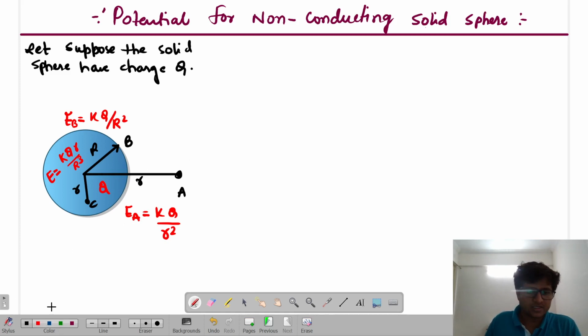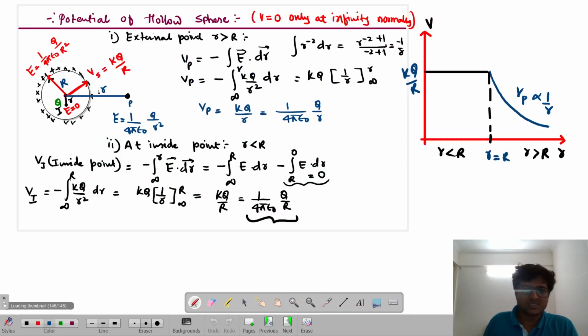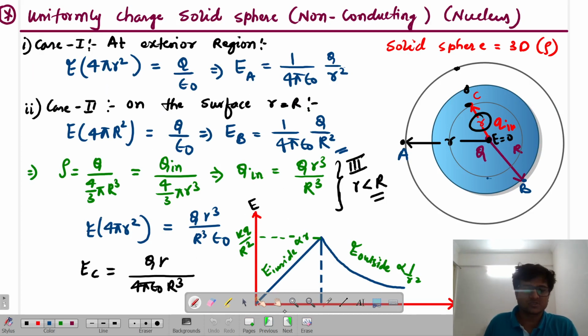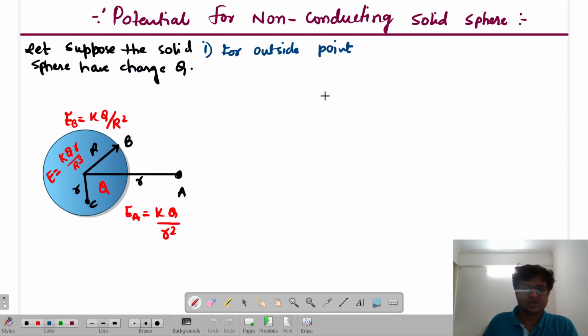So I want to find the potential at an outside point. First case, for an outside point. Now for an outside point, as we know that for any symmetrical case, it will behave like a point charge, isn't it? And the electric field will also be the same. So the potential can be calculated using the same formula, and I'll get 1 by 4 pi epsilon naught, charge inside that sphere Q, divided by r, isn't it?